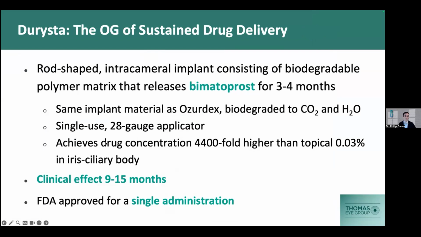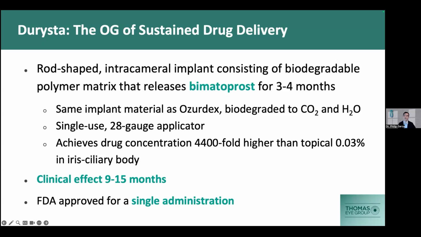It's an intracameral implant that's biodegradable. It's the same material that the retina doctors use to deliver steroid into the vitreous, and it is biodegraded to CO2 and water. Concentration in the AC is 4,400-fold higher than topical generic bimatoprost. Its clinical effect lasts 9 to 15 months, and it is FDA approved for a single administration.